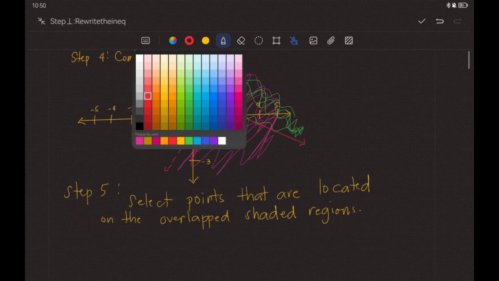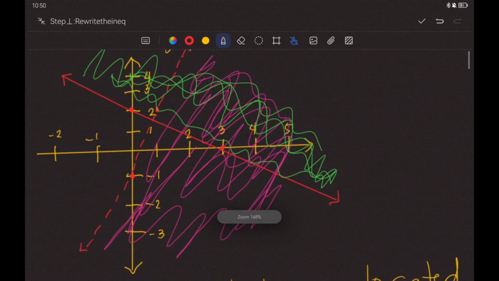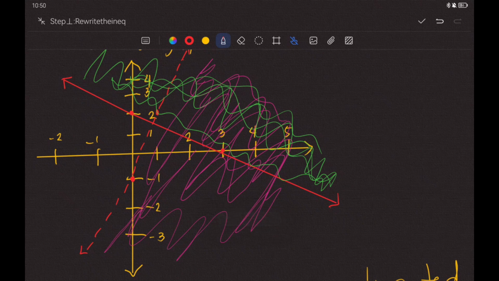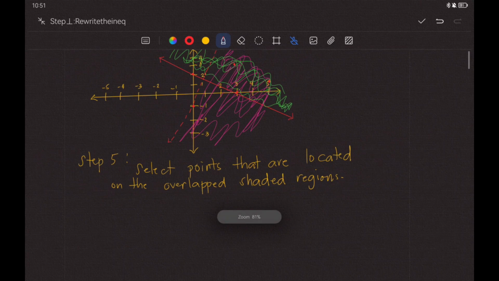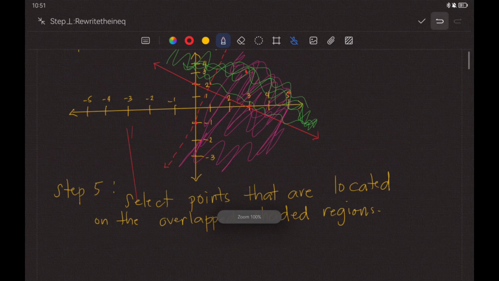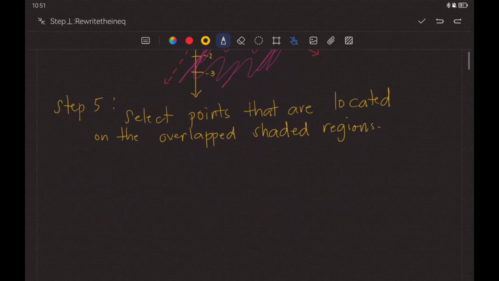So for this one, I'm gonna choose here positive 3 and positive 3. I'm gonna select 2, 5, and 1. So we have test points.